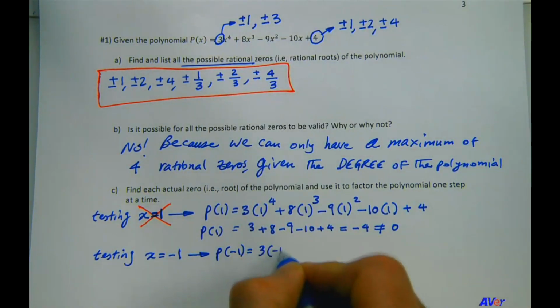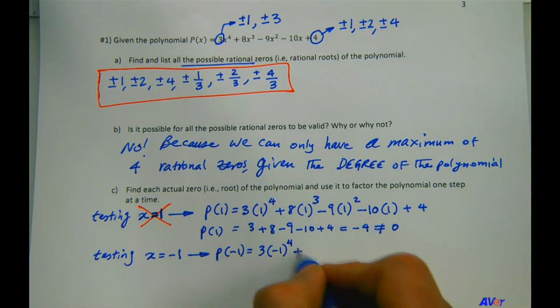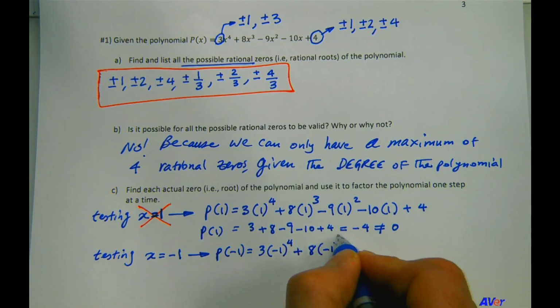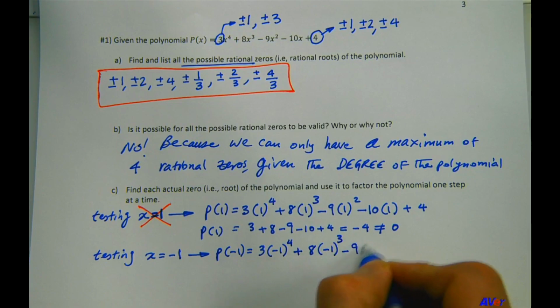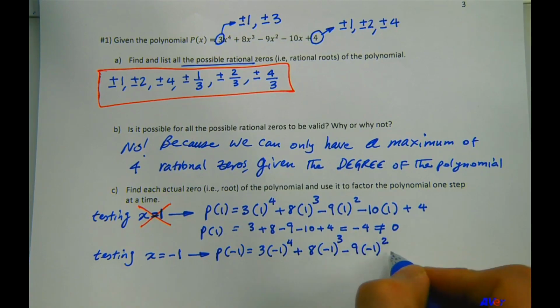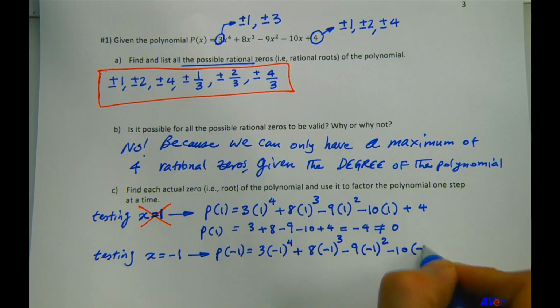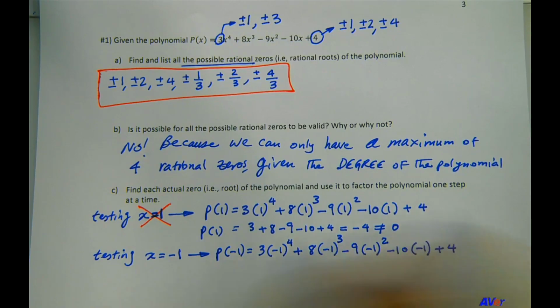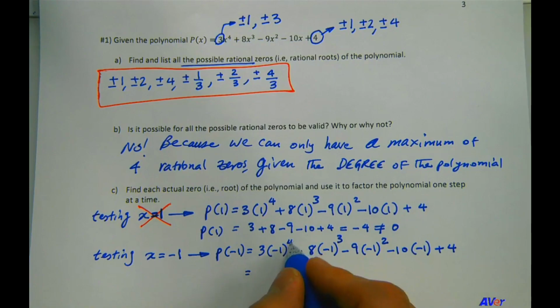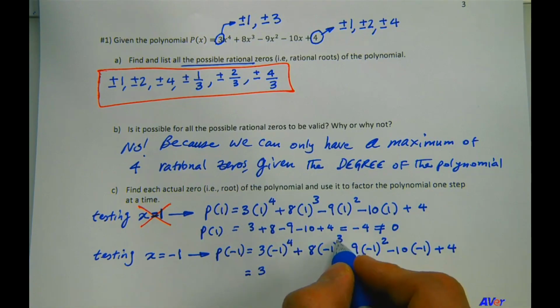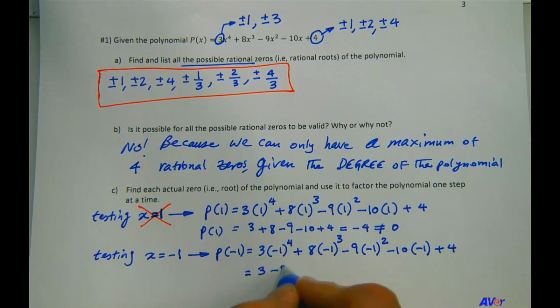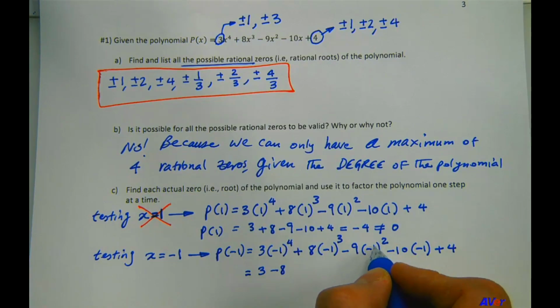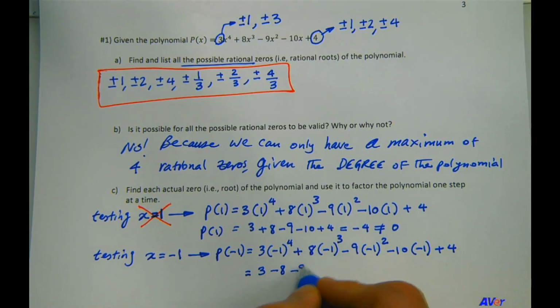So 3 times minus 1 to the 4th power plus 8 times minus 1 cubed minus 9 times minus 1 squared minus 10 times minus 1 plus 4. So minus 1 to the 4th power is positive 1 times 3 is 3. Minus 1 cubed is minus 1 times 8 is minus 8. Minus 1 squared is positive 1 times negative 9 is negative 9. Right? Minus 1 times minus 10 is positive 10.